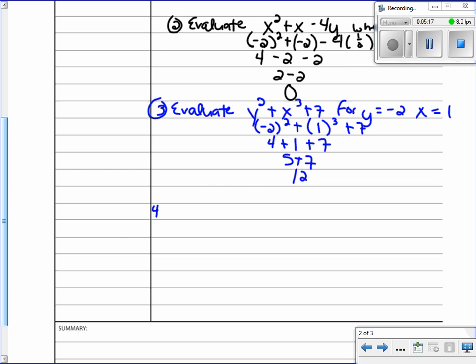Our last example, evaluate negative 7x squared minus 5 plus y squared minus x for x equals negative 3 and y equals 4.